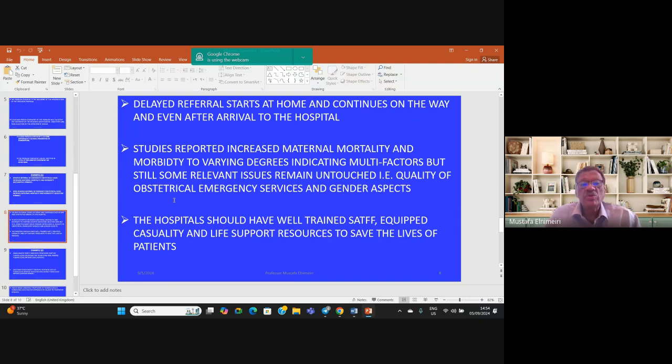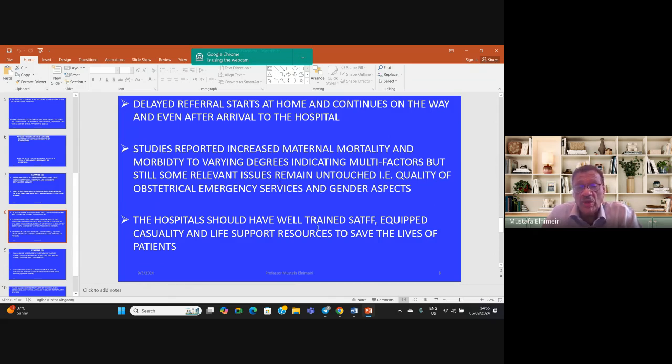Then you make some sort of elaboration. Delayed referral starts at home and continues on the way and even after arrival to the hospital. The studies reported increased maternal mortality and morbidity to varying degrees, indicating multiple factors, but still some relevant issues remain untouched. For example, quality of obstetrical emergency services and gender aspects.